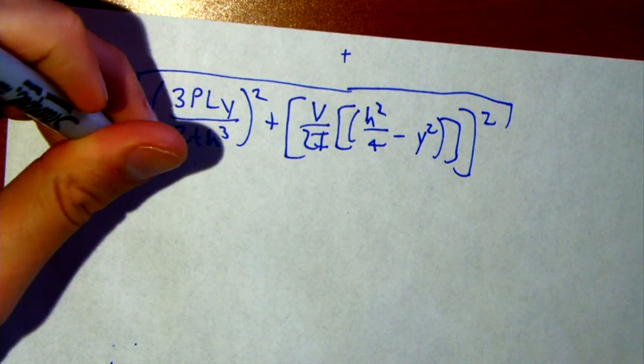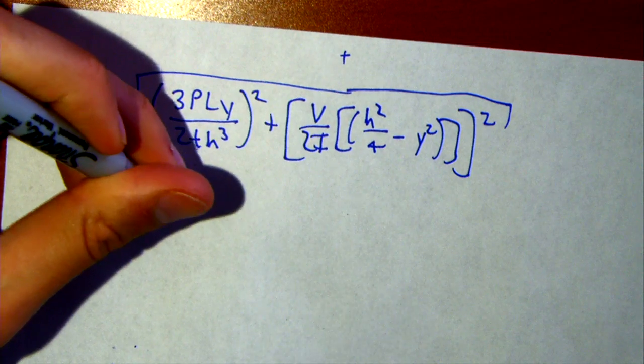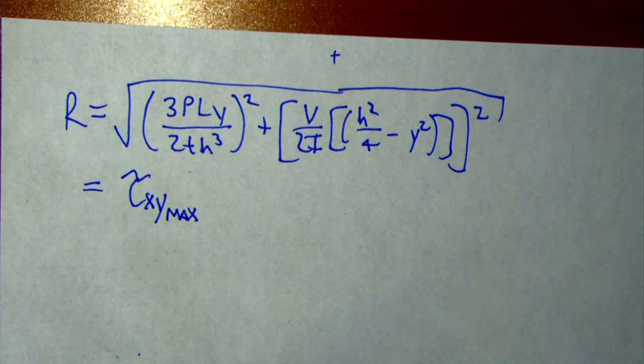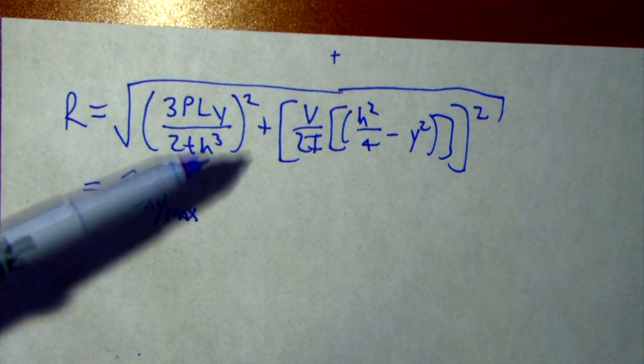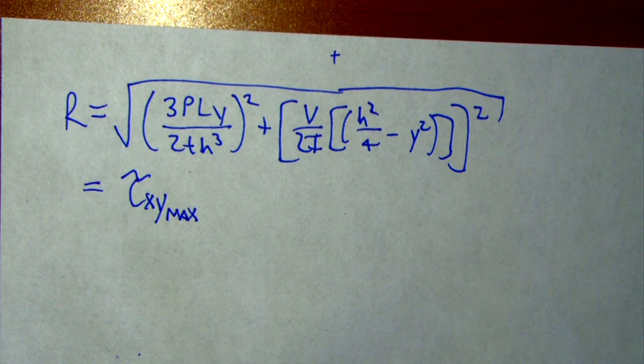So that's what this corresponds to, some maximum shear stress that is generated by the combination of these various other stresses. What you could do is take this, plot it, and see where that's going to be maximized, because it's probably not going to be at the top, not going to be at the middle, it's going to be at some other point in between. And that's where our true maximum stress is going to be, and that's where this puppy is going to fail first.